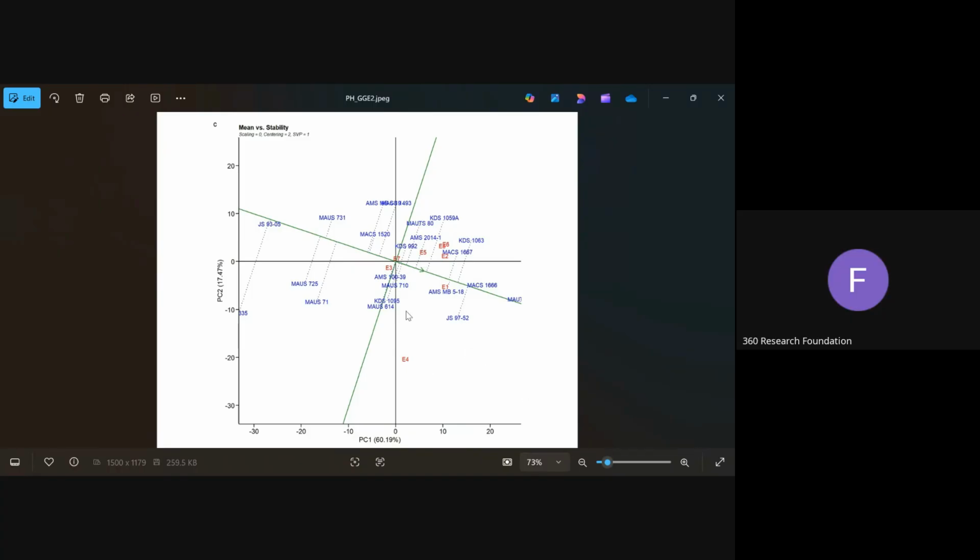So here you can see this one. Sir, what is the meaning of that? Maybe the value is increasing in the direction from left to right.